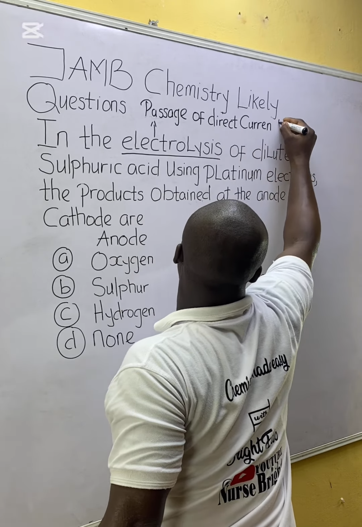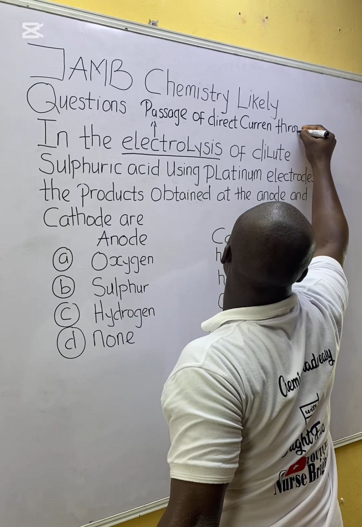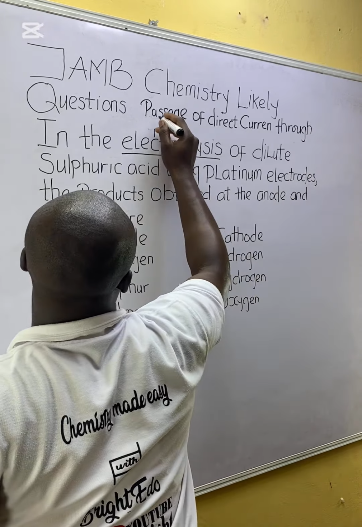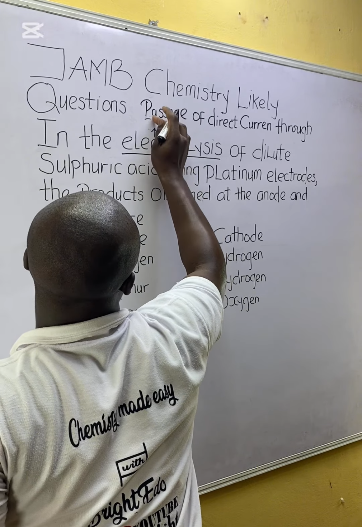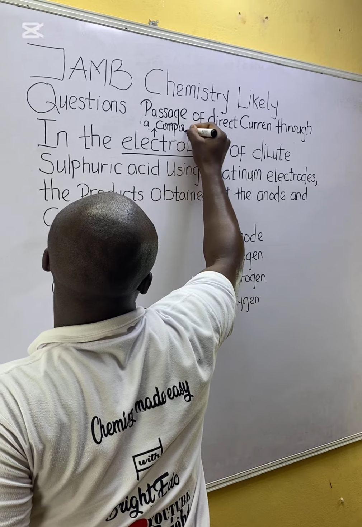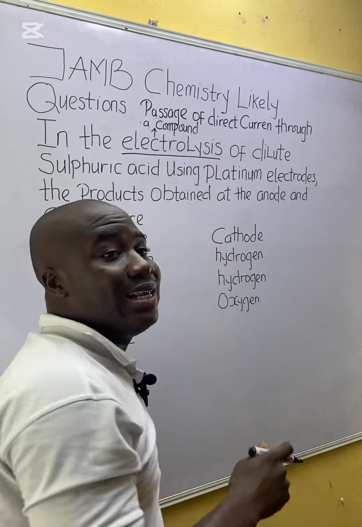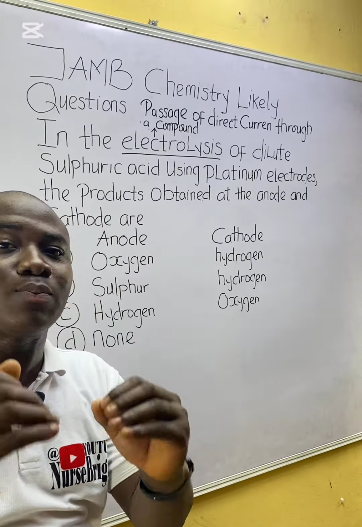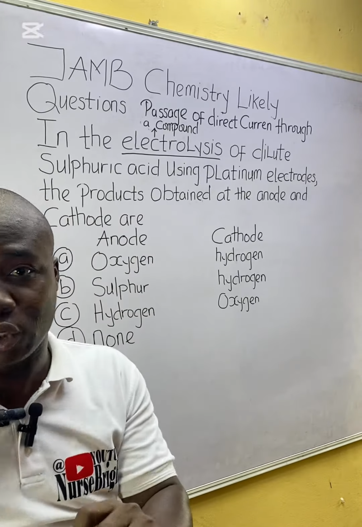through a compound. This also is very, very important. It is a passage of direct current through a compound in solution or molten state. I'm going to explain further what I mean by what I just said.